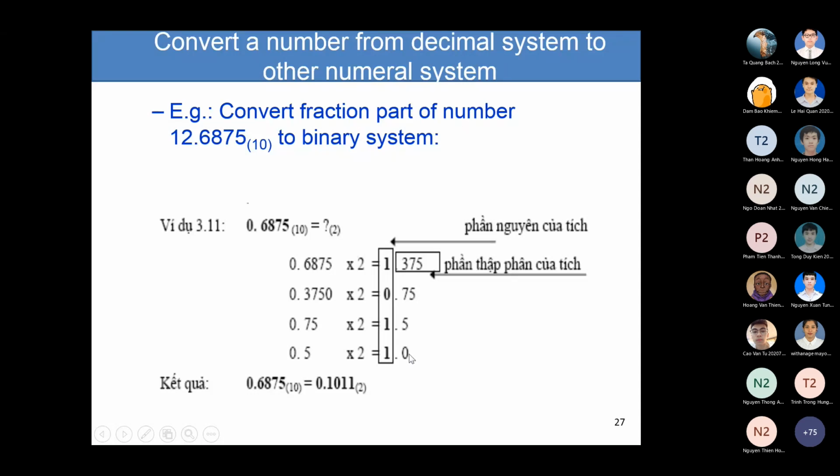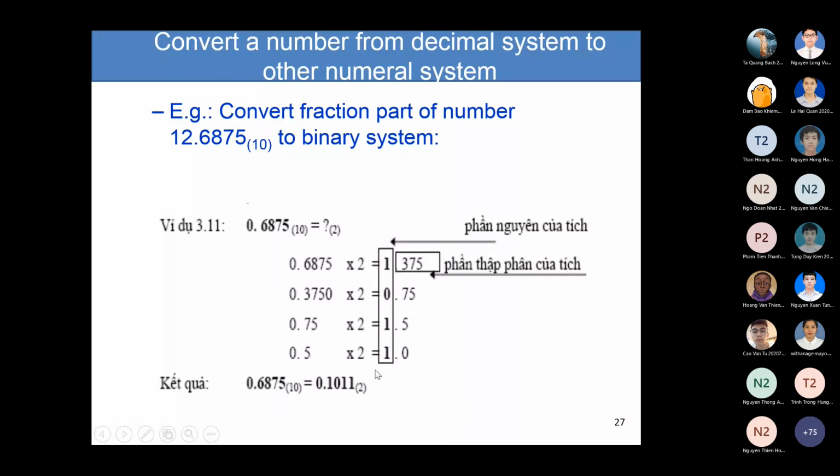At this step, the fraction part of the result is 0, so we stop. And the result is 0.1011. So the number 0.6875 in the decimal system equals 0.1011 in the binary system.